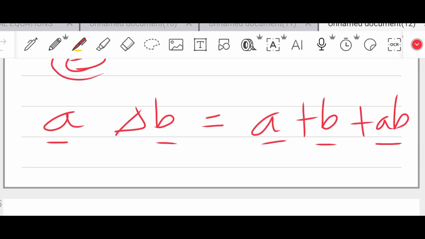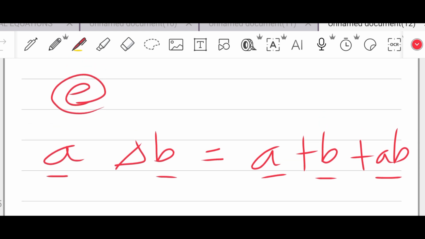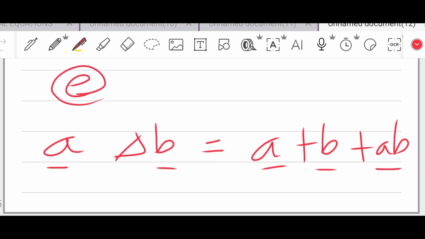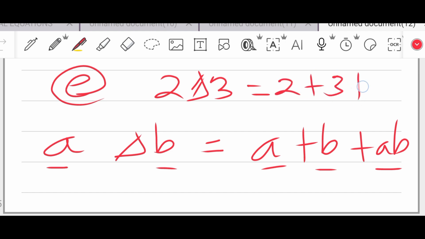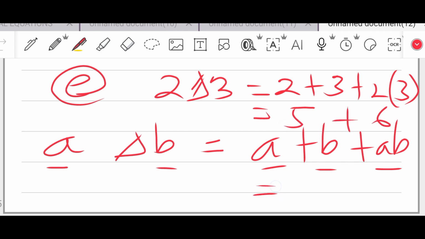For example, if you are given 2 operation 3, based on this rule, we will write 2 plus 3 plus 2 times 3. So when we add, we have 5 plus 6, and that should give us 11.